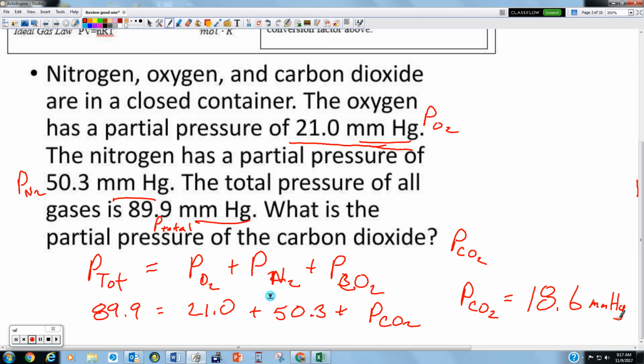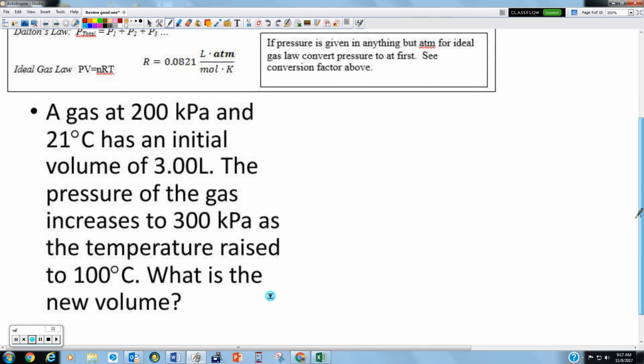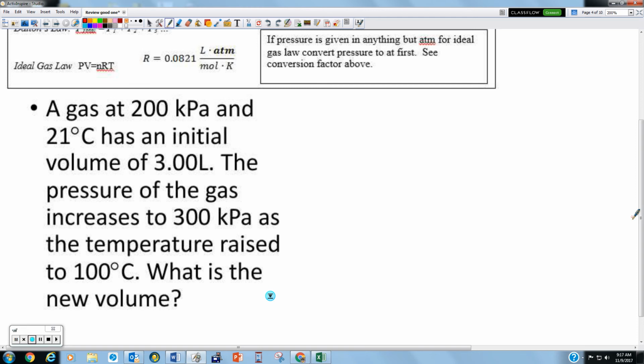All right. We're not actually working on this yet. We're just going through trying to identify what type of problem to use, what type of equation to use. All right. So going forward, looking at this next one. The question states a gas at 200 kilopascals. So kilopascals, what is that? A pressure. And 21 degrees Celsius is a temperature, and an initial volume of 3 liters.